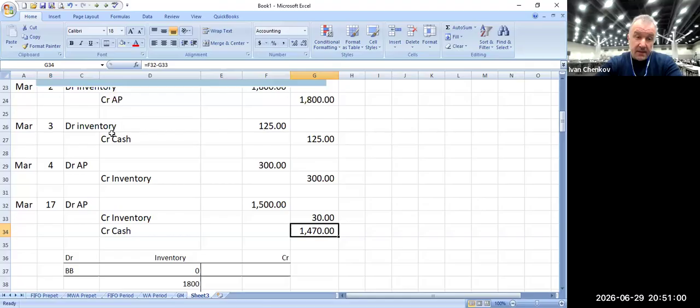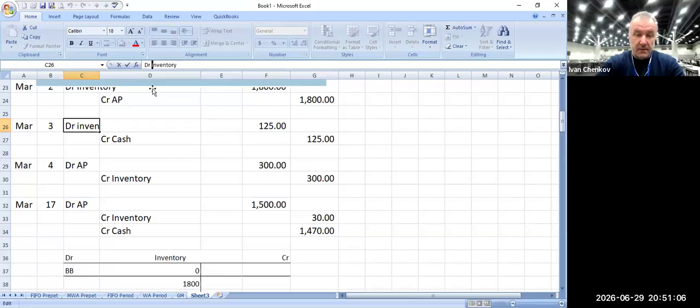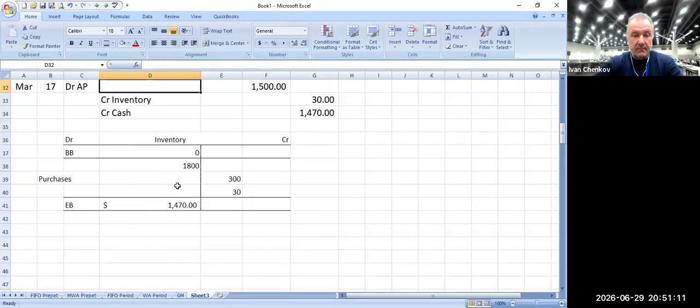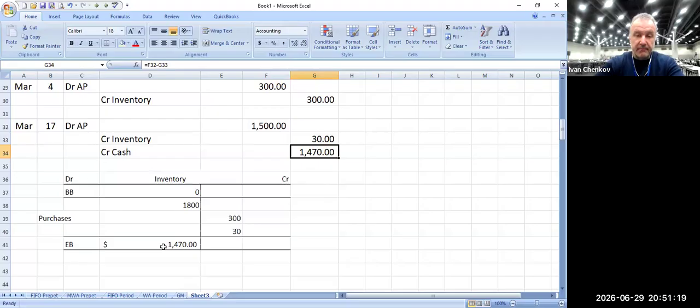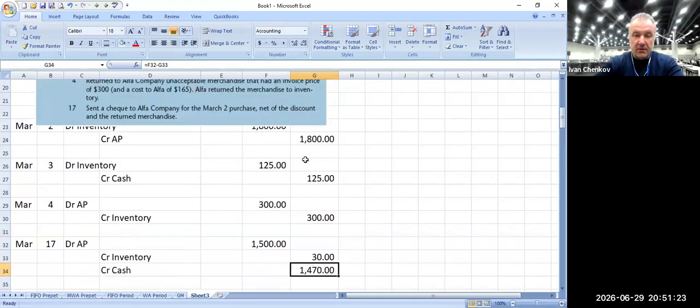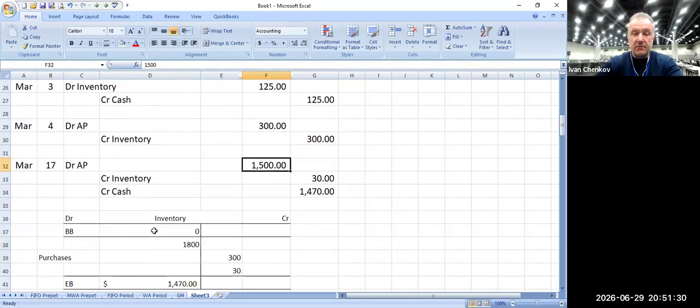Now we have another cash that we paid, but that was for the shipping. We're going to increase that inventory as well, but that's a different cash that we pay. So we pay two cash, one for the shipping and one for the accounts payable. Make sense? And accounts payable are closed because we have 1,800 in the credit, 300 on the debit side, and 1,500 on the debit side.